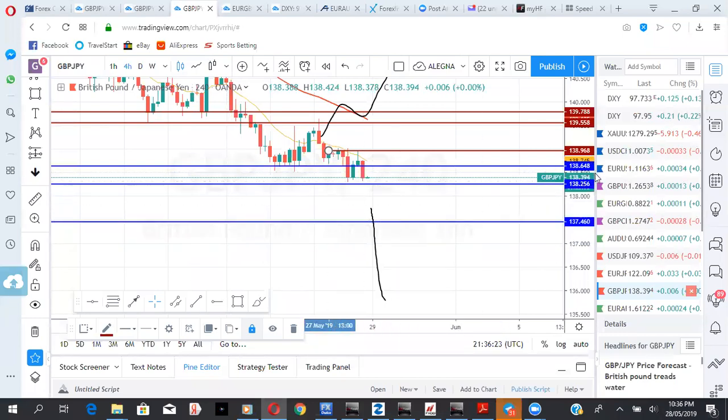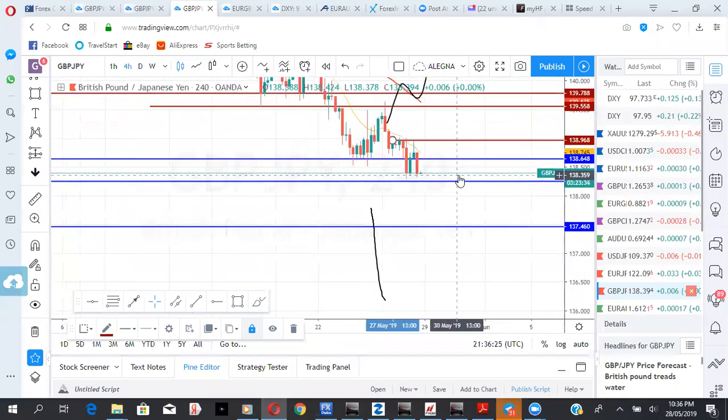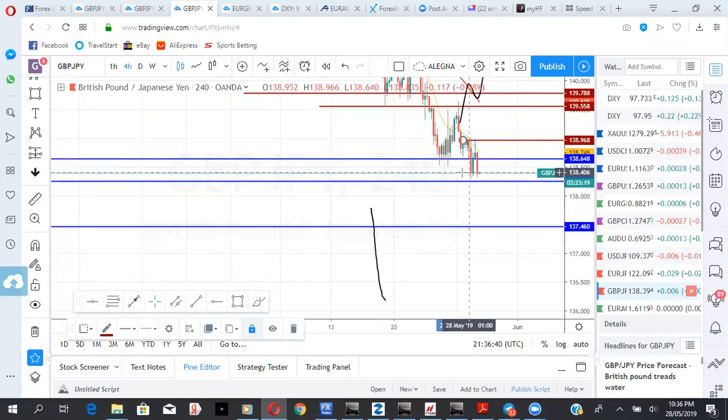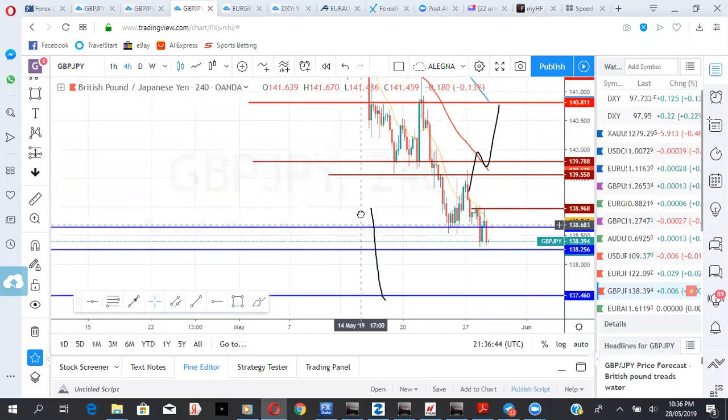So my C price, this level needs to give way for price to go lower. So if it breaks, wait for the retest and then move lower, because you don't want to get trapped here. You do not wish to get trapped at this level. That's what you need to have at the back of your mind.